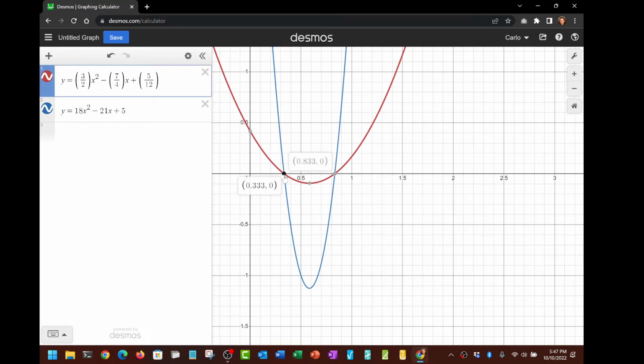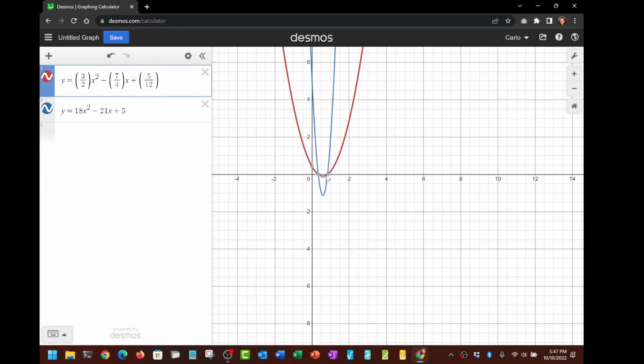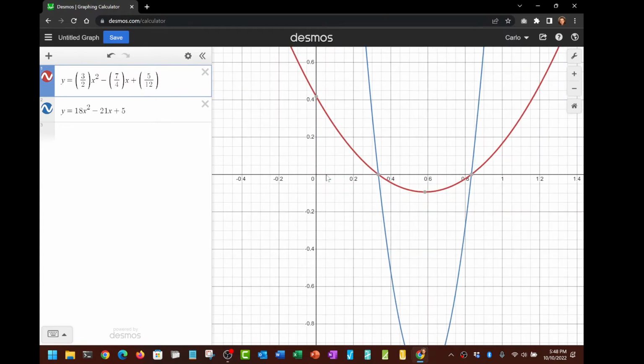See those two places where they cross the x-axis? They're identical. So it is not the same equation, but they have the same solutions. Anyway, I wanted to show you that.